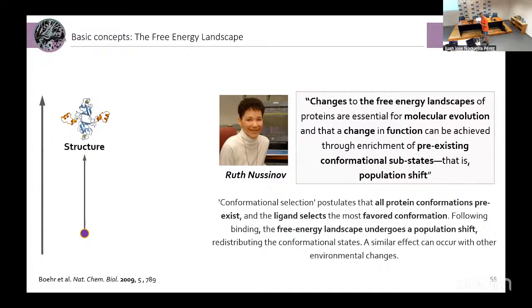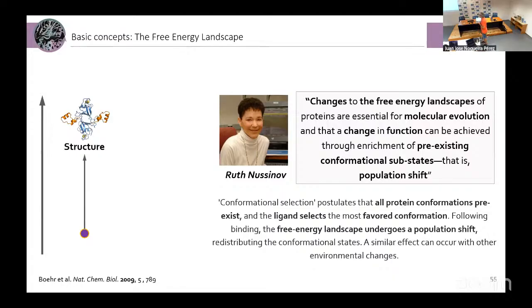This concept of the free energy landscape is also very useful to describe protein function. We know that the free energy landscapes of proteins are essential for molecular evolution, and the change in function can be achieved when we move from one conformational state to another one, for example.